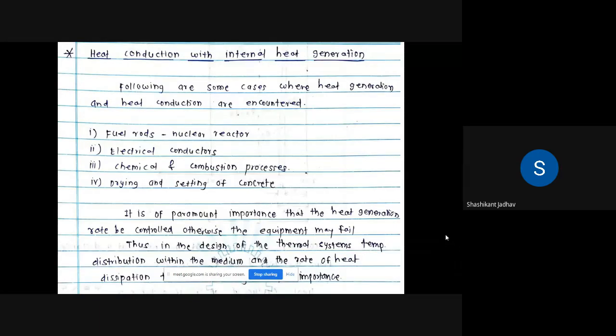Can anyone reply, is the screen visible? Yes, sir, it is visible. Okay, so there is an internet problem, because of that the screen suddenly was not visible.